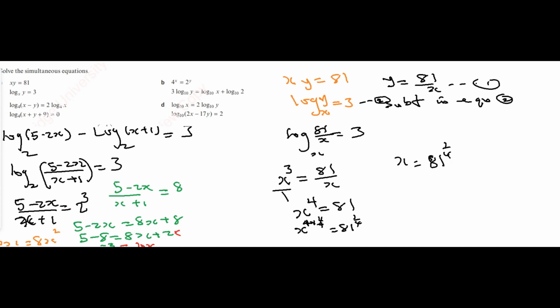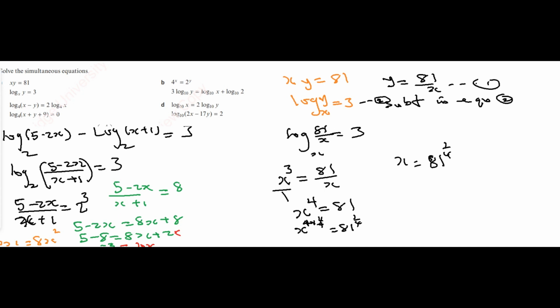You can check that out on your calculator. Just input that into your calculator and see what it will give us. 81 raised to the power of 1 divided by 4.